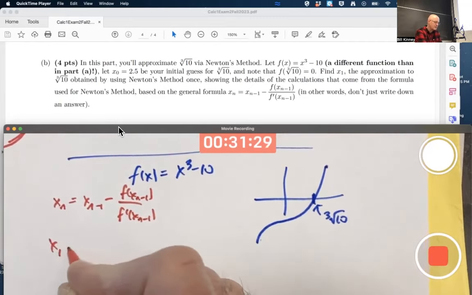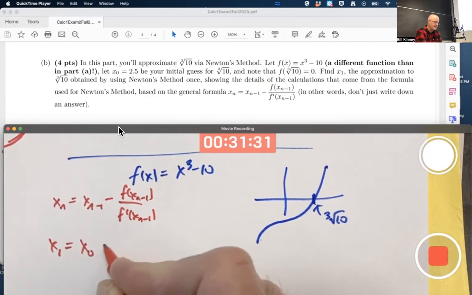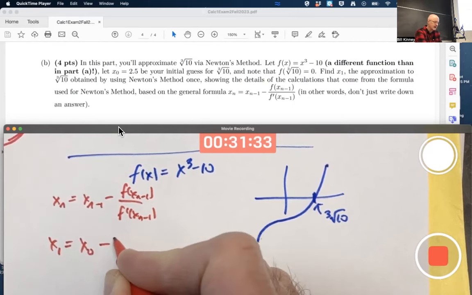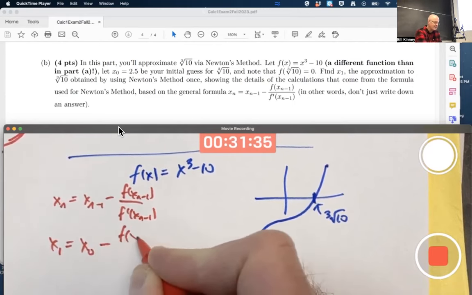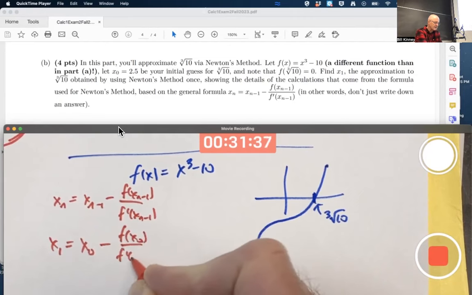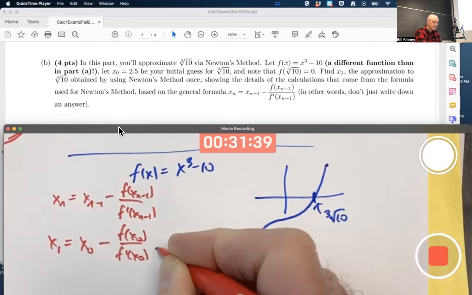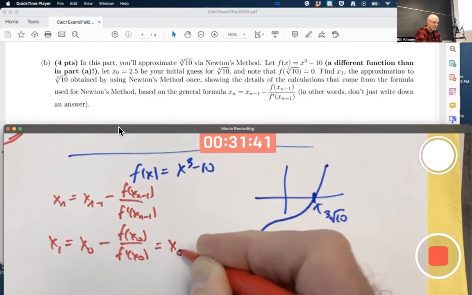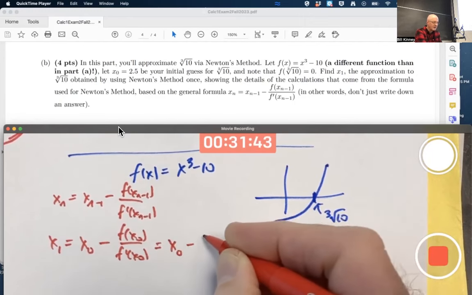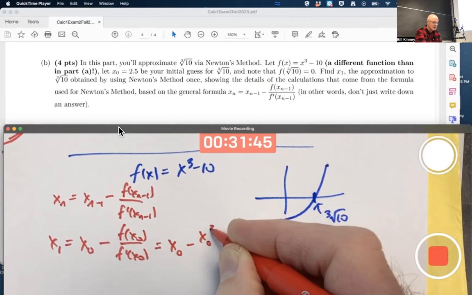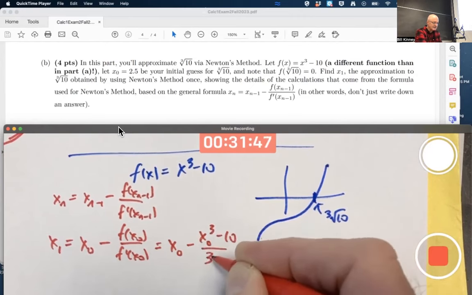We could use n equals 1 here if we like, and then we have x sub 0 minus f of x0 over f prime of x0. So if you want to simplify it without plugging numbers in, you can. You don't have to. You would get this.